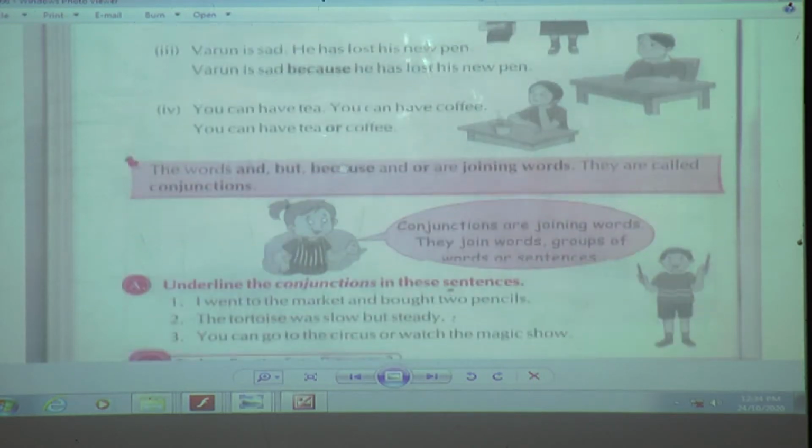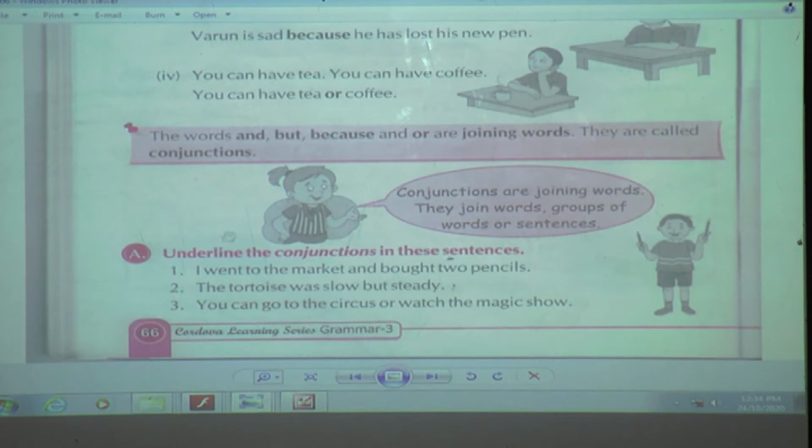Now what we are going to do? Yes, we are going to solve the exercise, and in that nothing you have to do. You have to read the sentence and you have to say which word is joining the sentence. Only you have to recognize the conjunctions. Are you ready, students? You have to come on the page 66, lesson number 22.